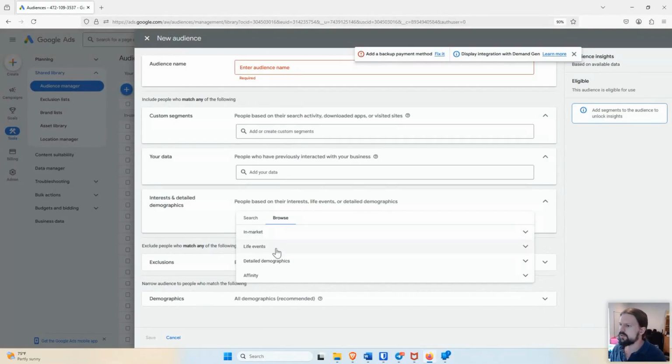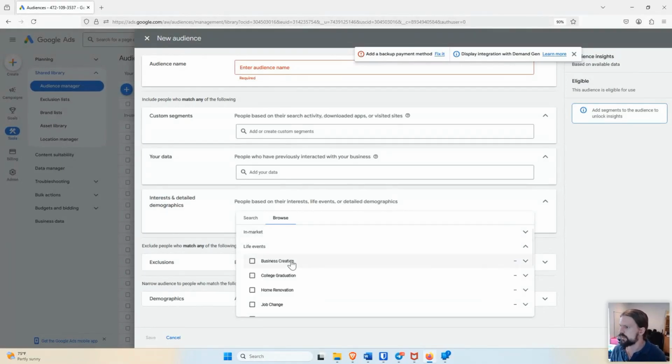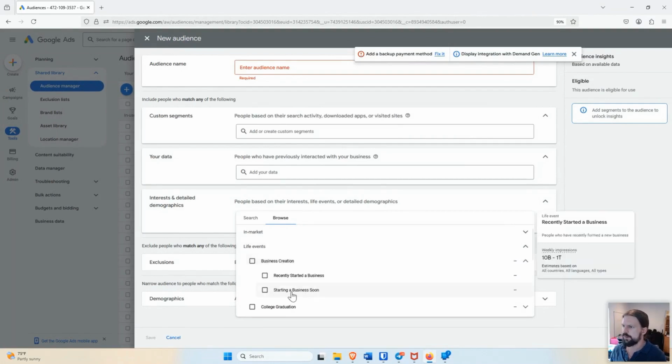We can also take a look at life events. So business creation, somebody that just started a business or is about to start a business. If you have a service for filing somebody's LLC for them or something, this is a great one for you.